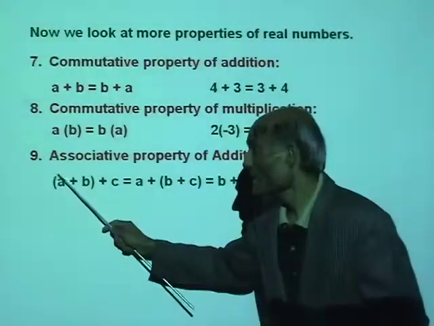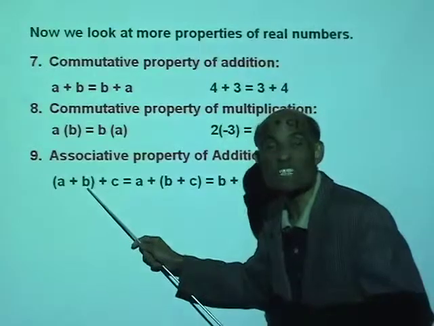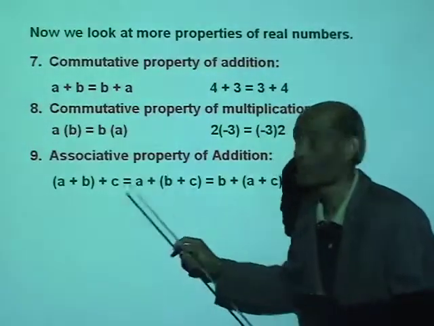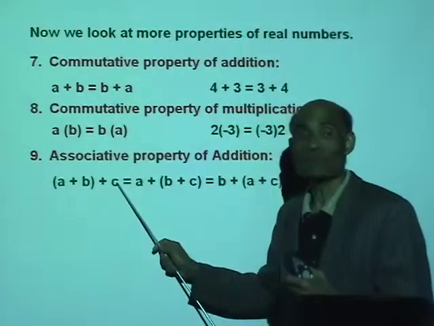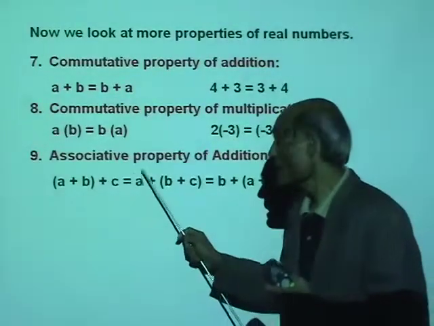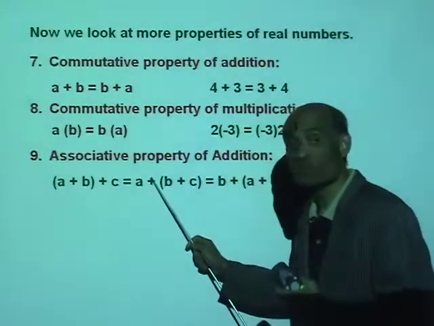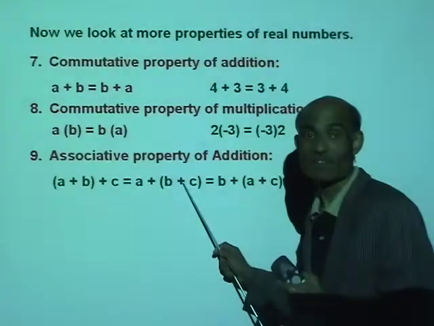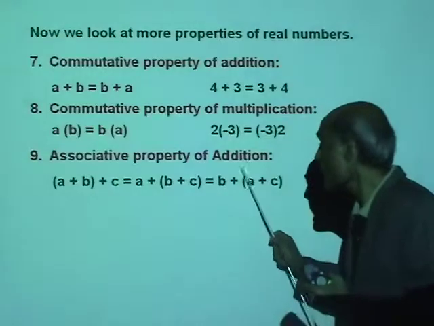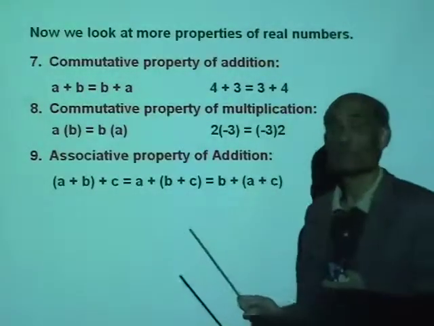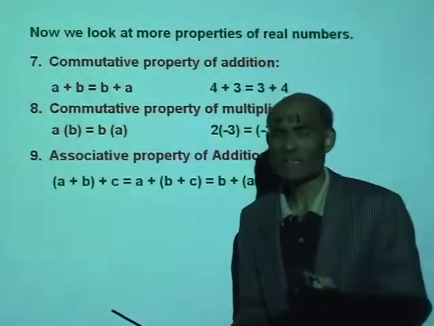Now look at that. The order of association is not important. A plus B added to C is the same as A added to B plus C is the same as B added to A plus C. Isn't that right? Yes, I think so.